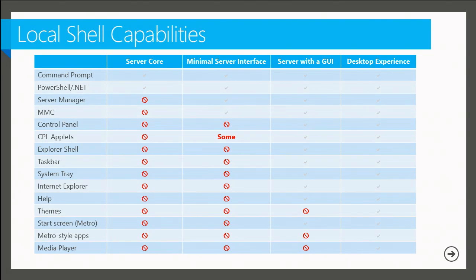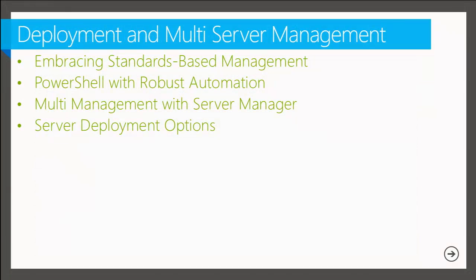And Server with GUI is basically what you had been using from before, the full UI mode. And if you have desktop experience, it's going to be exactly the same, at least on the interface, as in Windows 8. So that's the shell capabilities that I wanted to share.